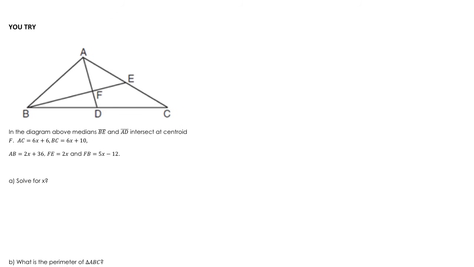So pause the video, try this, you try, and then I'll show you the answer. So it says AC is 6x plus 6. That is the whole side here. BC is 6x plus 10.